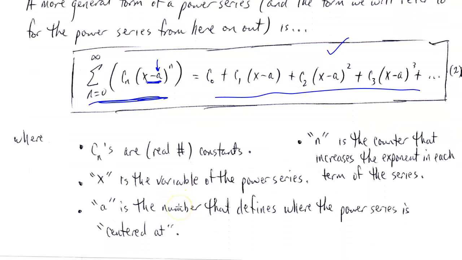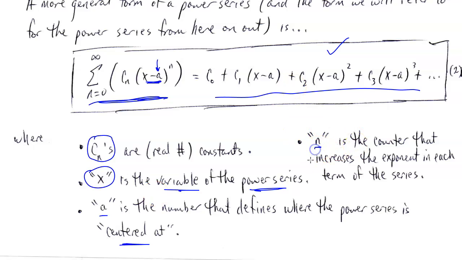Now, let's talk about what all these parameters mean. So the c sub n's, again, are just our real number constants or coefficients. The x that we see here is what's considered the variable of the power series. The a is the number that defines where the power series is centered about, as I said earlier.